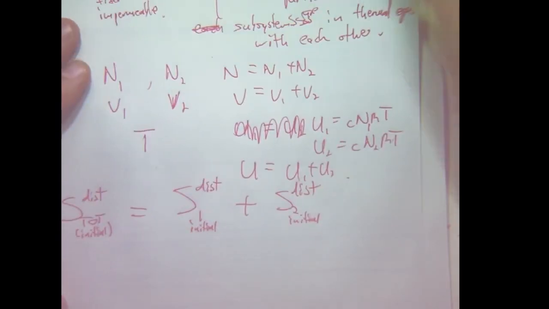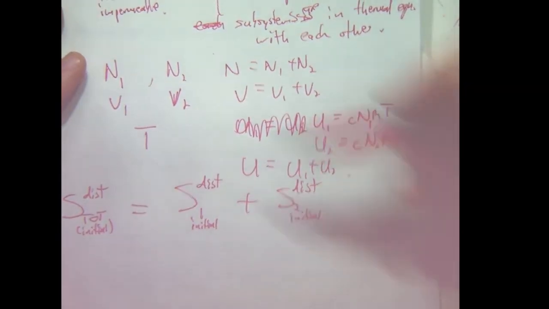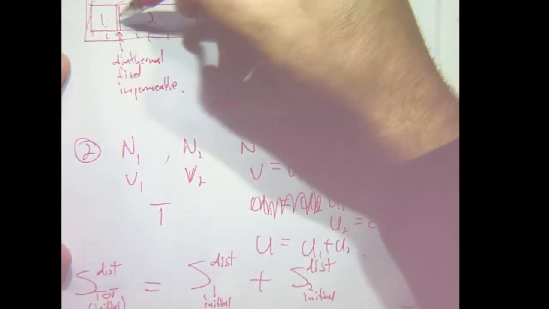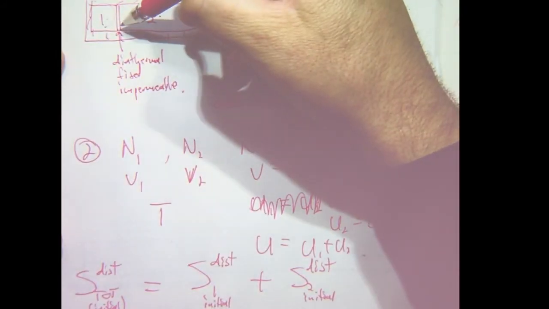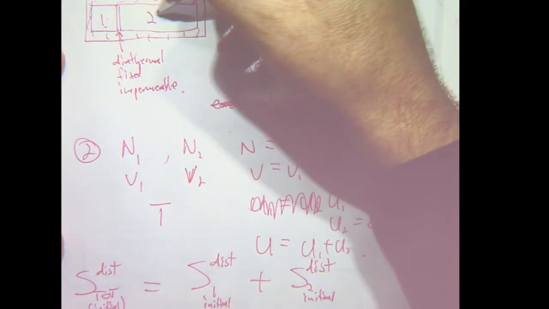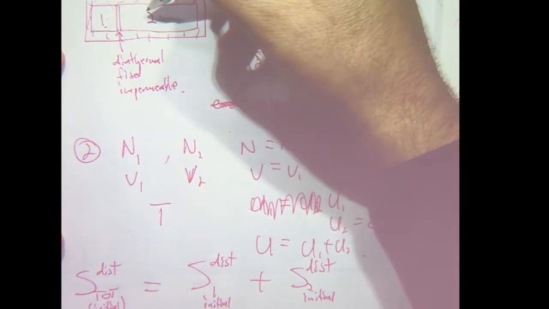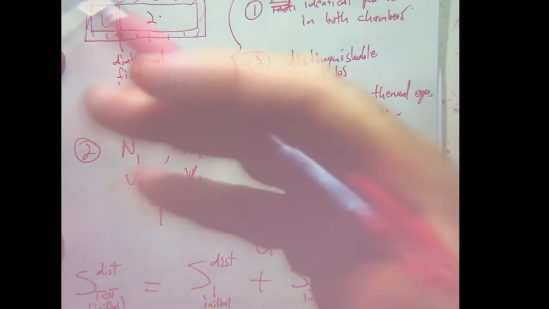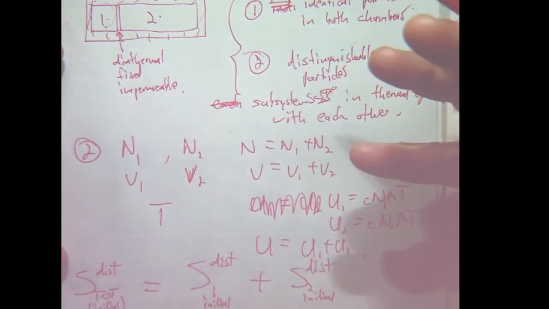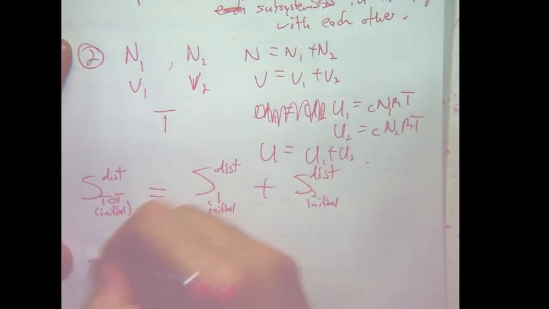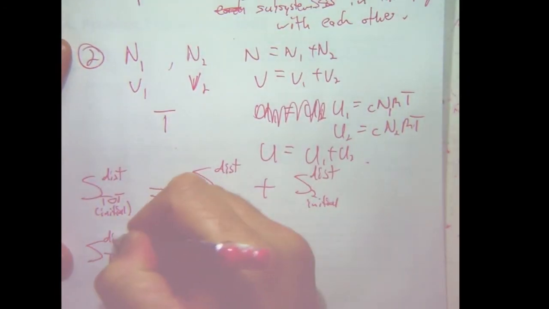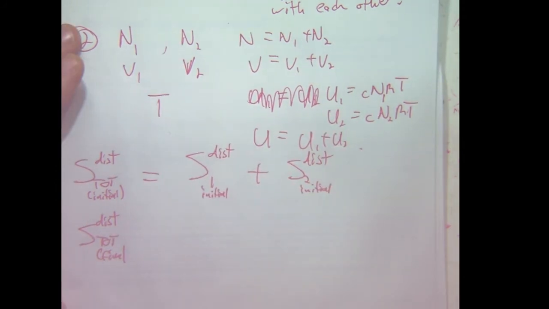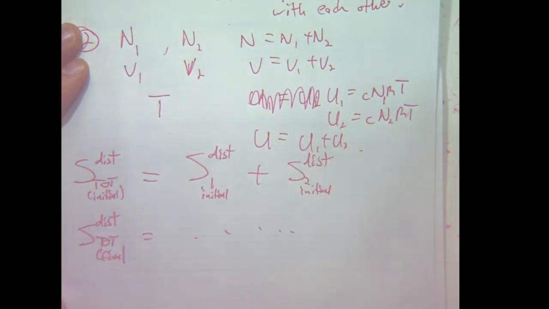Okay? It's an additive quantity. And what I'm going to do is take this partition away so that now the particles can move through the entire box. And we allow equilibrium to re-establish itself. And we ask, what is the S total distinguishable final?